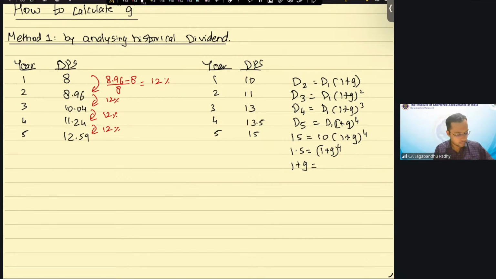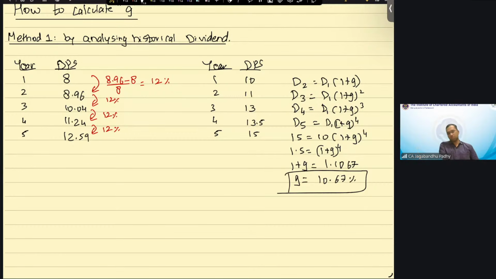You have to basically take a square root 2 times. This is 1.1067. So our growth rate is 10.67%. There isn't any consistent growth rate, but the dividend is growing.